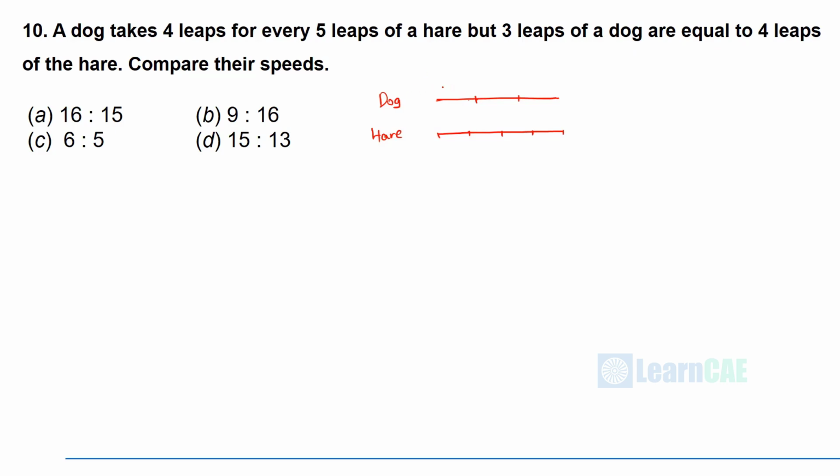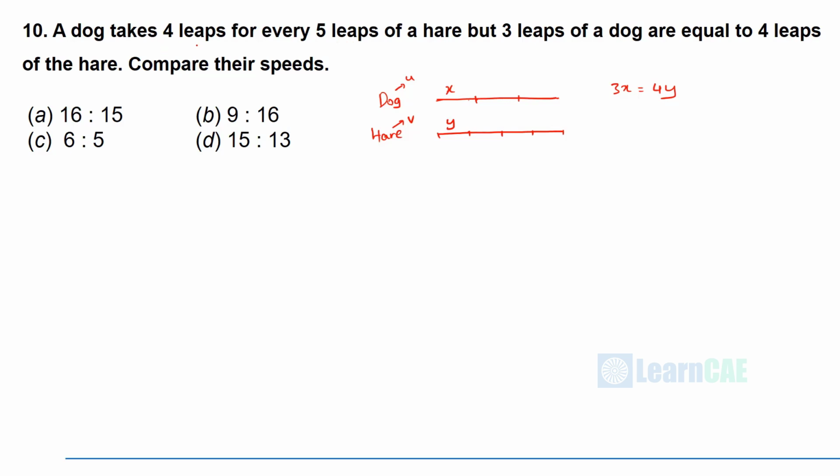Let the distance of one leap of a dog be x and the distance of one leap of the hare be y, and the speed of the dog be u and the speed of the hare be v. They are saying 3 leaps of the dog, that is 3x, is equal to 4 leaps of the hare, 4y. Next they are saying a dog takes 4 leaps for every 5 leaps of the hare.